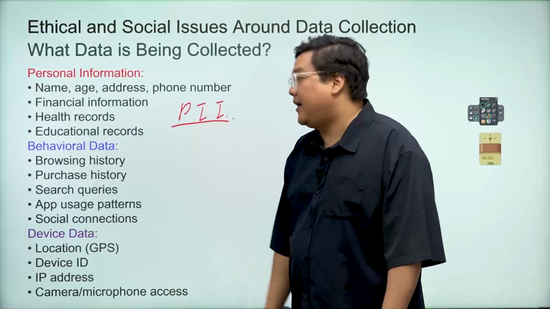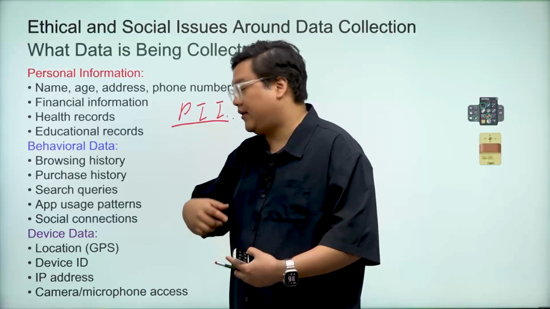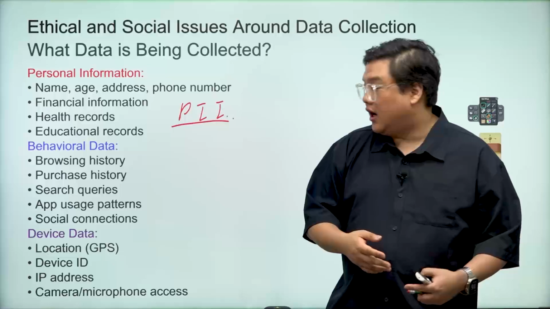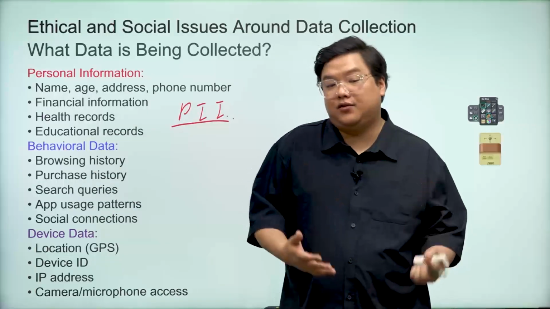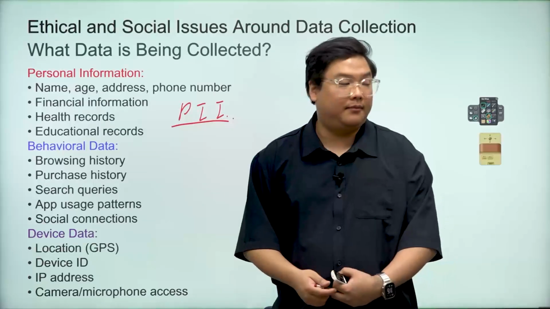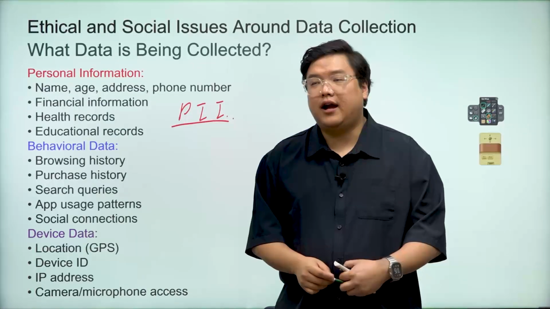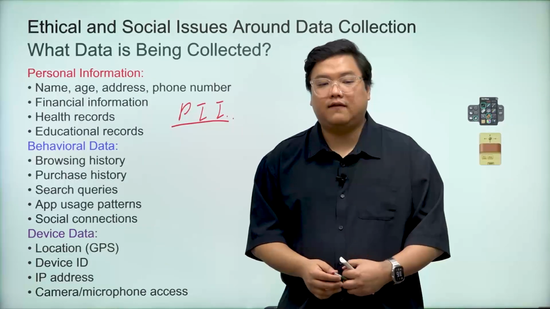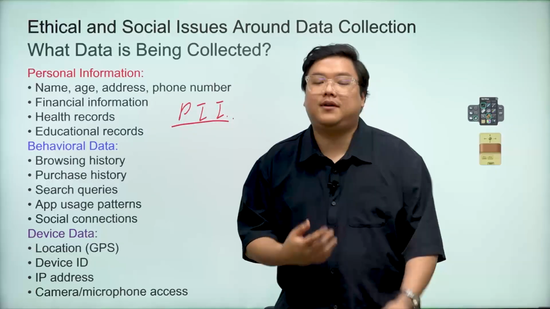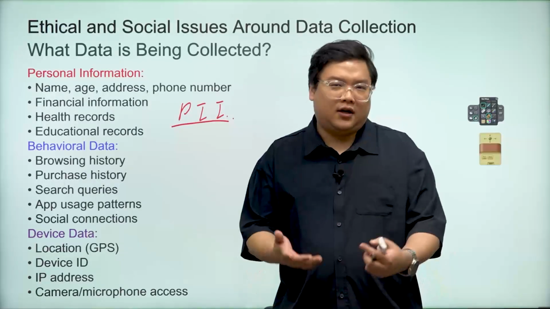And also there's behavioral data, so browsing history, purchase history, search queries, app usage patterns. If used correctly, these kinds of data can be used to make our lives better, right? Like we have that function on our iPhones where they track the usage of your phone, like where you use it every day, and those things can be used for a digital detox and stuff.